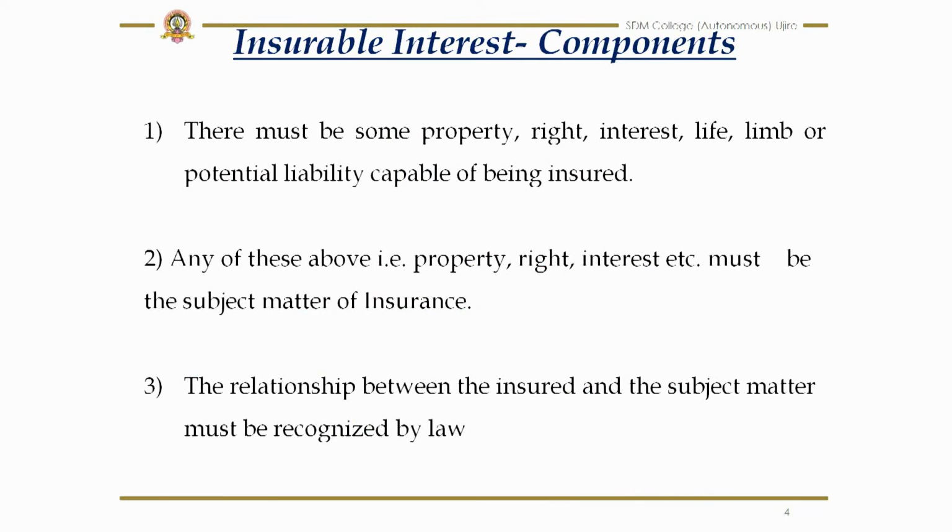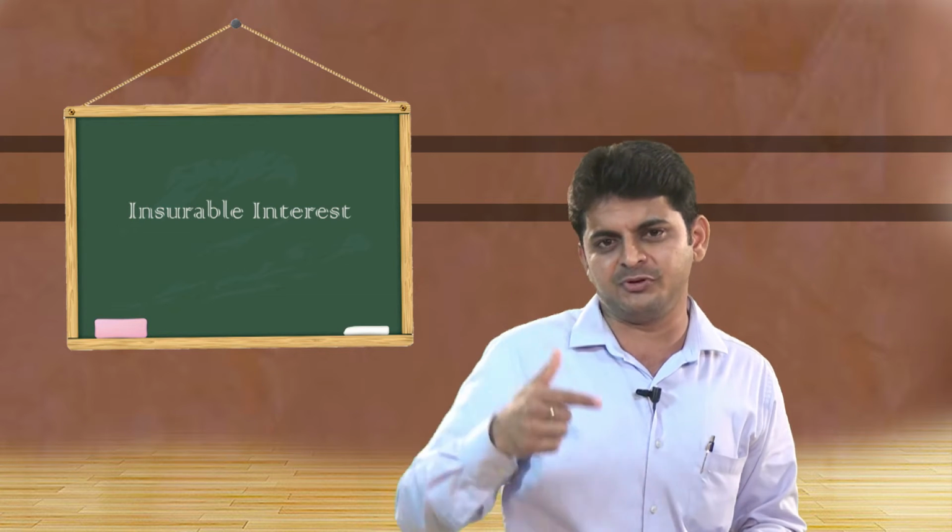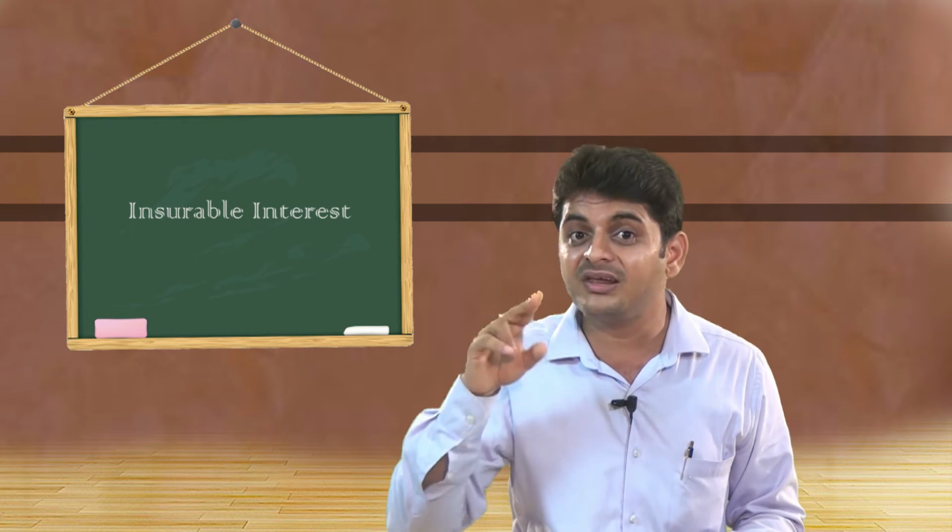Insurable interest components. There must be some property, right or interest, life or limb or property liability capable of being insured. So, what is that? There must be property. If there is a property, we can assess, is there any relationship? Is there any legal relationship between the individual and the property? There should be a life.